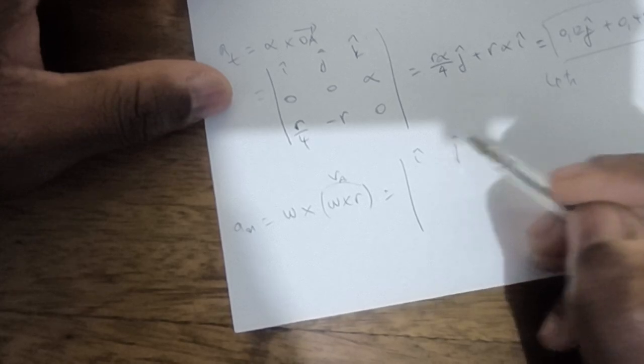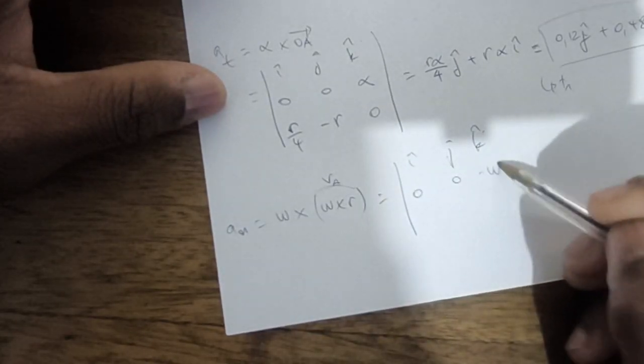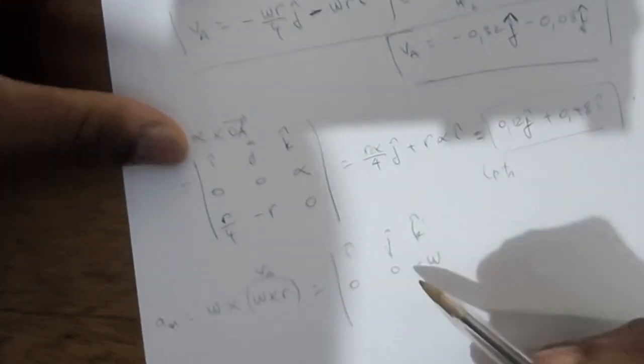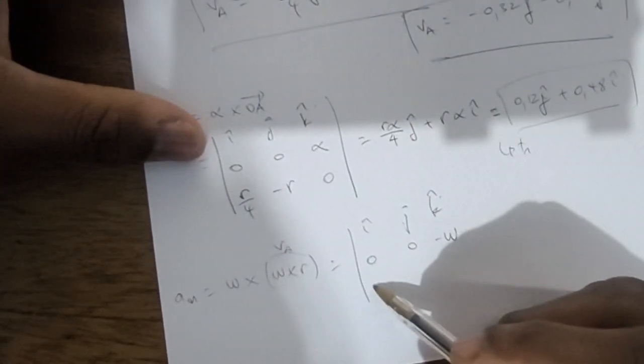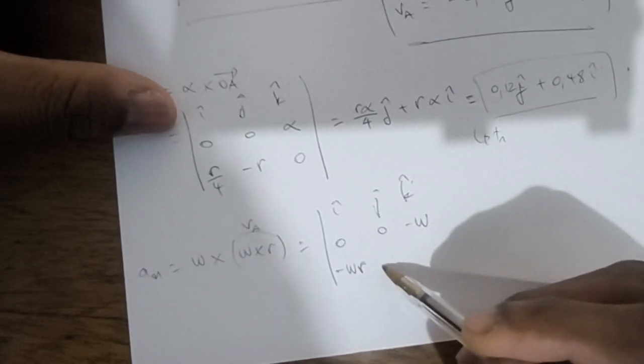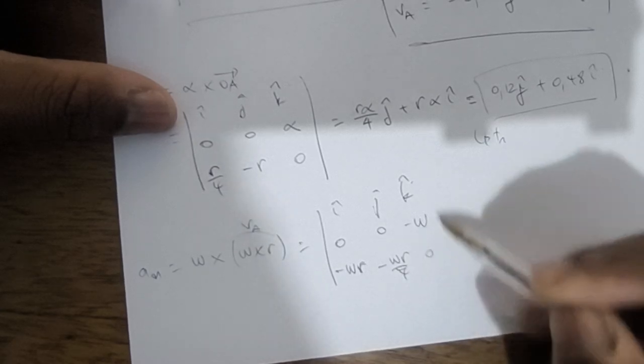So here we have this one. We have 0, 0, minus W, and the instantaneous velocity we computed here. I'm just going to reproduce it down here. So we'll have minus W omega r, minus omega r quarter, 0.